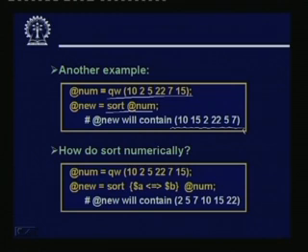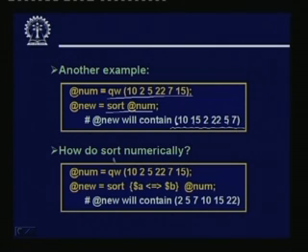But in lexicographic ordering this is fine, because in dictionary ordering 1 will always come before 2. That is why 10, 15, where the first letter is 1, will come before anything starting with 2, then 2, 22, then 5, then 7. So, the first letter is 1, then 1, then 2, 2, 5, 7, and so on.